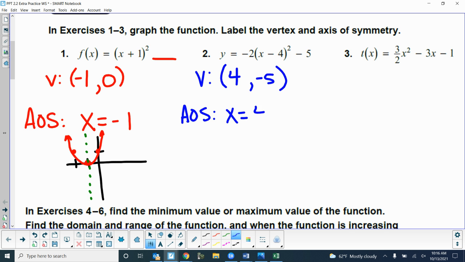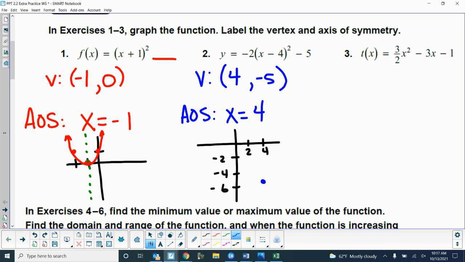Yeah, x equals 4. That quick and easy, right? And then if we graph it quick, there's my 0, 0. I'm going to go by 2s: 2, 4, -2, -4, -6. So 4, -5 is about there.